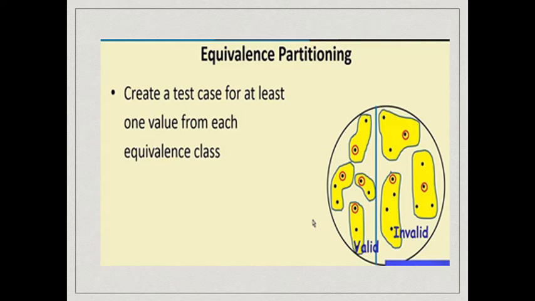You need to analyze the problem, and based on the experience of solving many problems, we can say which are the valid and which are the invalid equivalence classes. But unless we have enough practice, it is likely that we might miss some of the equivalence classes, and therefore the equivalence class testing may not be done very thoroughly.